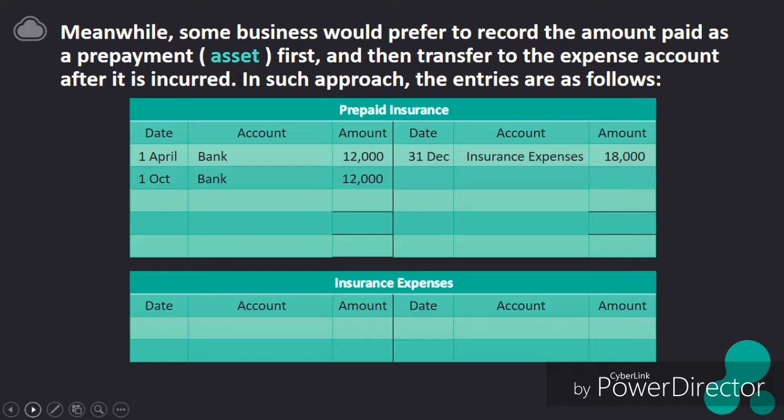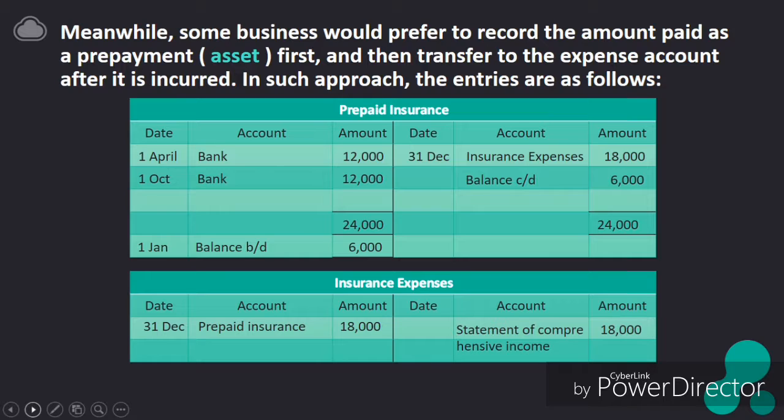So, in the insurance expenses account, we will also record the prepaid insurance amount 18,000 ringgit on debit side. Then, we balance the account and we get balance carried down and brought down amount 6,000 ringgit. The balance of insurance expense will be posted to statement of comprehensive income or statement of profit and loss.